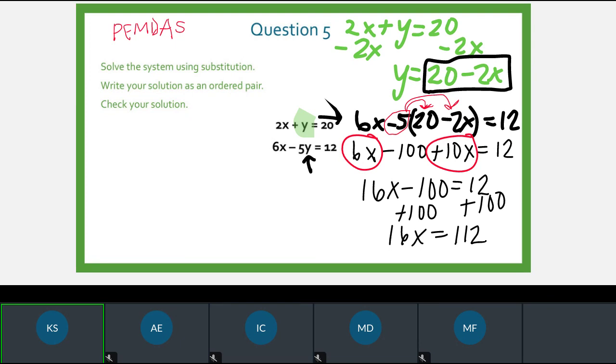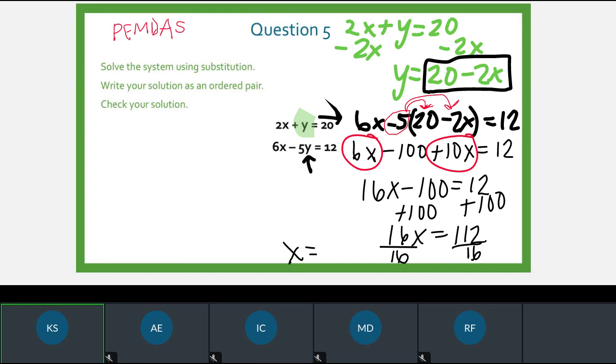And then, Anna, what would we do to get x by itself? We have one more step. Yes, divide by 16. Okay, and when we do that, what do we get for x?